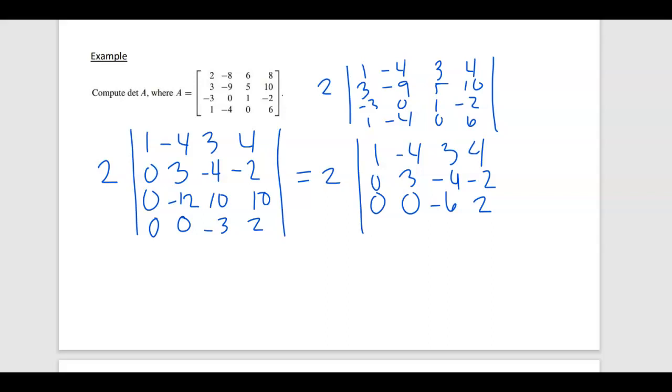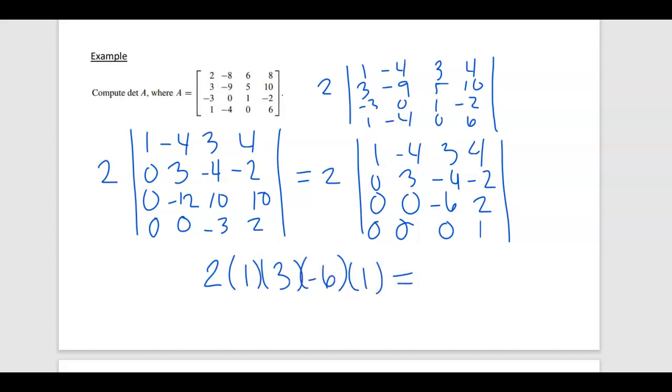And then if I do twice row 4 and add that to my new row 3, I end up getting this here. All right, so now I can just use my diagonal here, and I know that my determinant must be 2 times 1 times 3 times -6 times 1, which gives me -36.